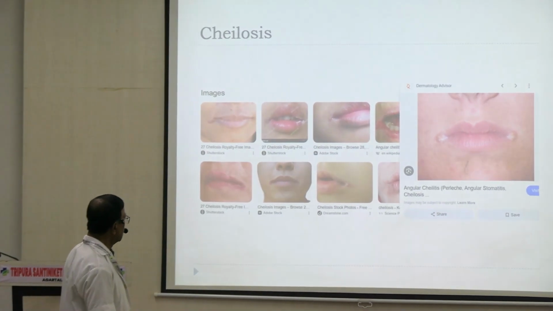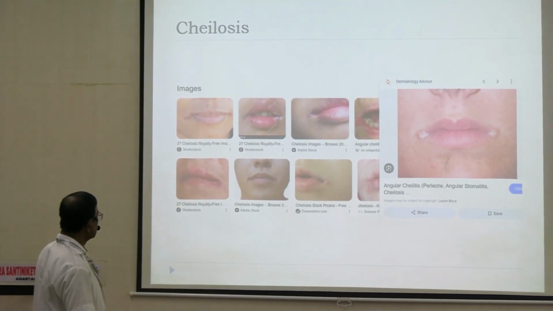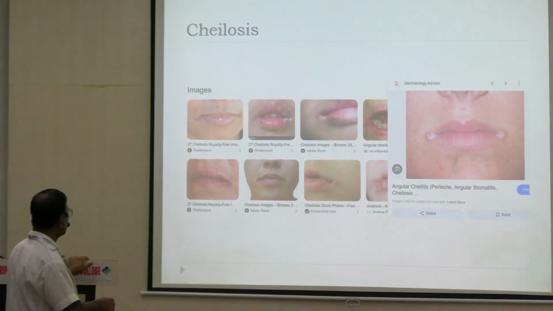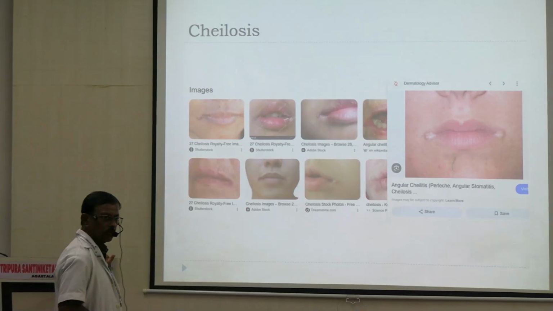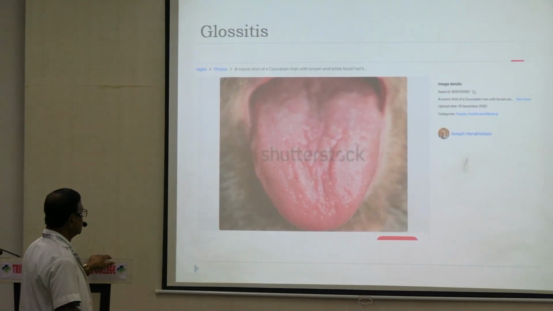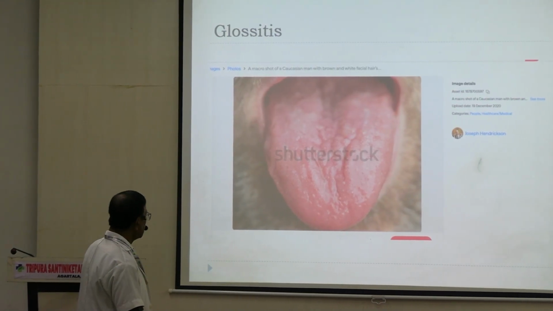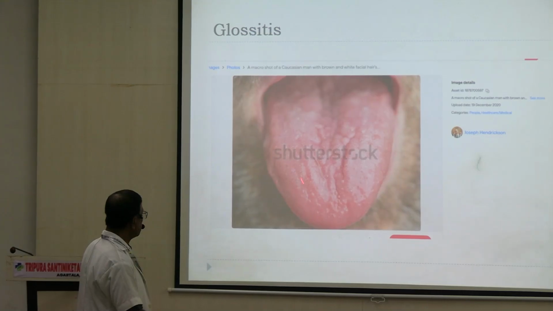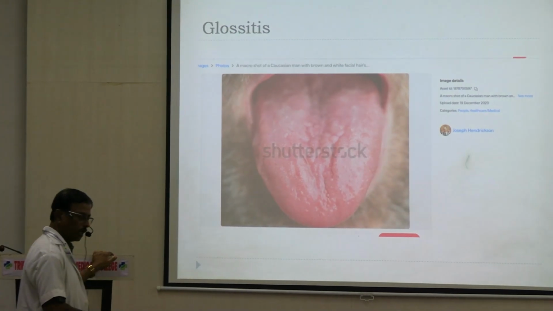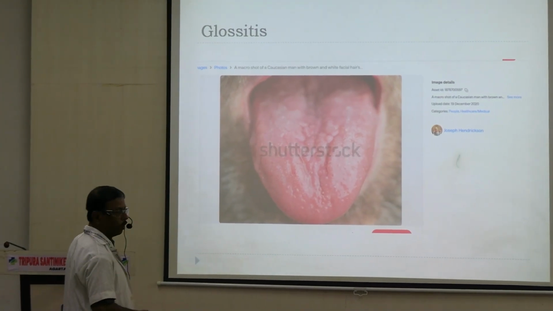See, here also there is angular stomatitis. So wherever there is cheilosis, there will be angular stomatitis. This is glossitis, a shiny tongue with loss of papillae, red and shiny. We call it magenta tongue.